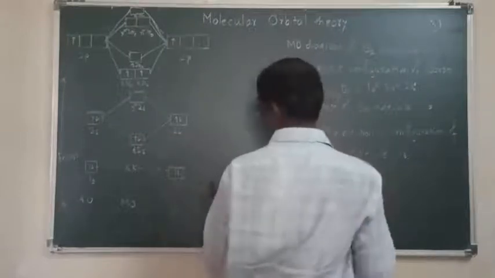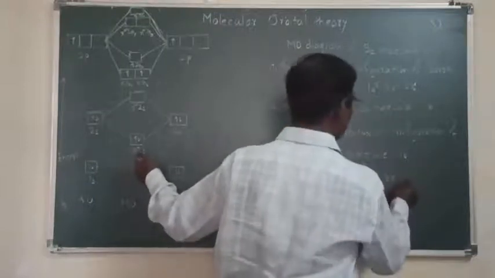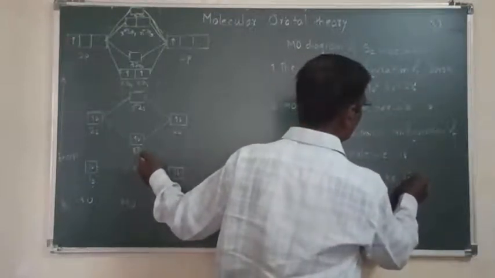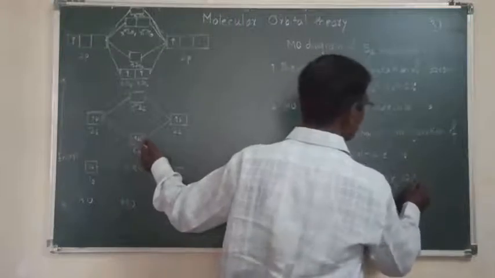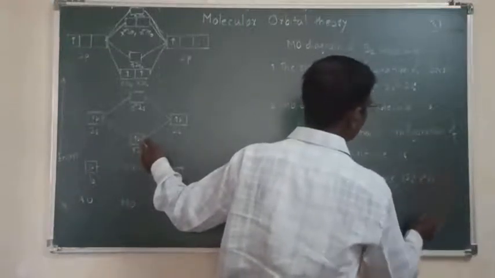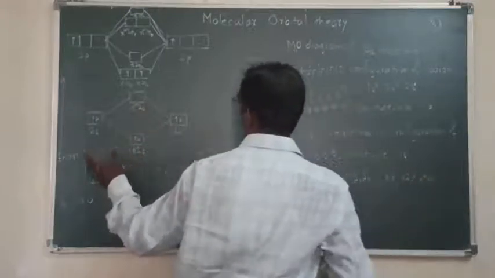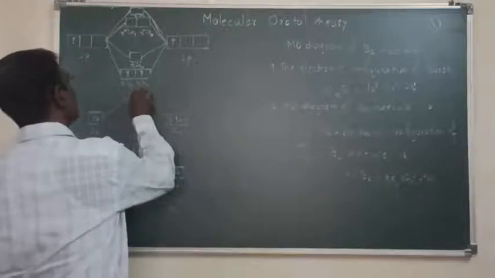B2 is equal to KK, then sigma 2s2, sigma star 2s2, the number of electrons present in antibonding molecular orbitals also 2.